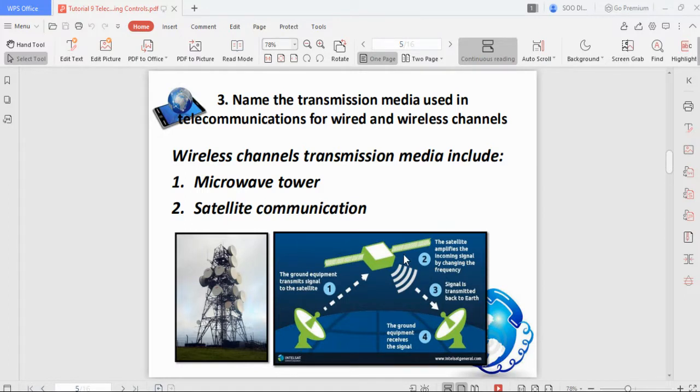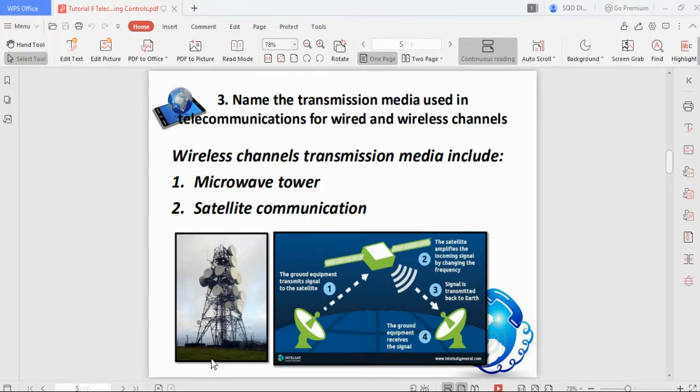So basically, satellite communication is good because we are sending waves up onto the sky, which does not have any obstacle. If we use microwave, as the waves travel, we will find out that because there's high and low ground or high and low sea level, we need to build a lot of microwave towers to keep amplifying the data.